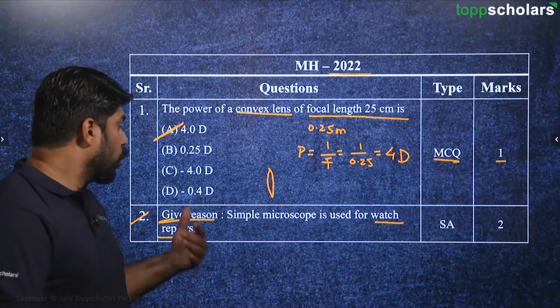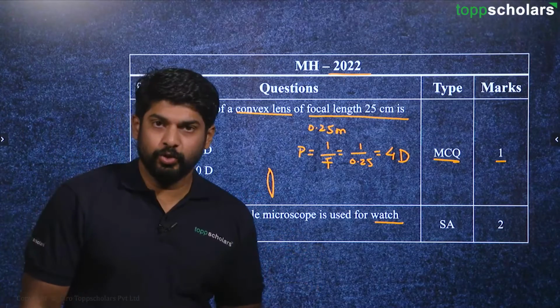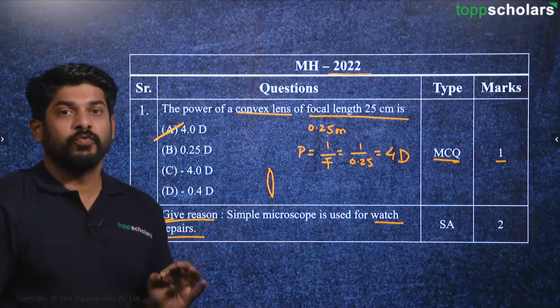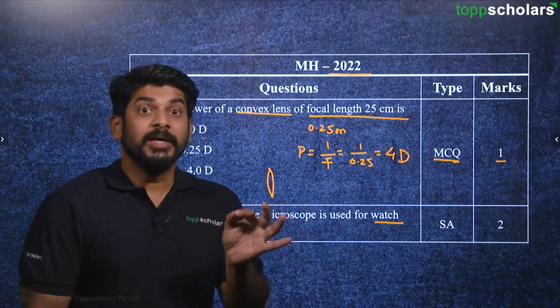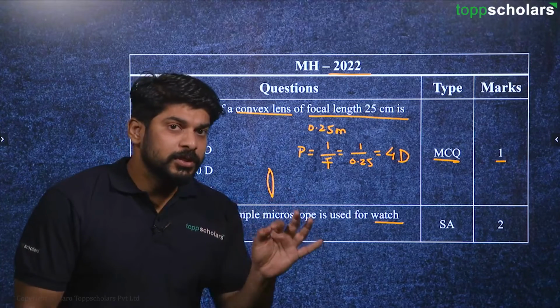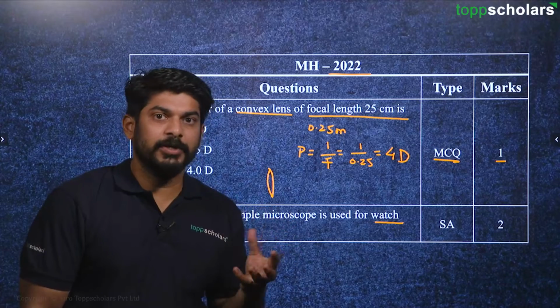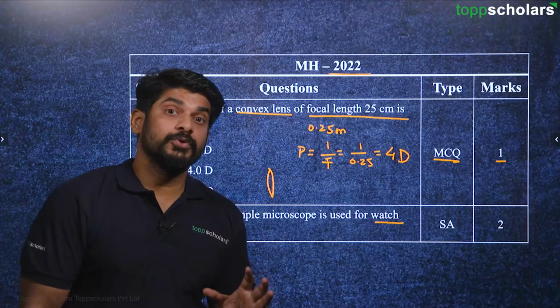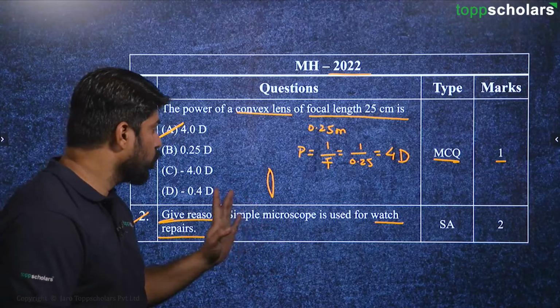Now, why is it used? Because this single convex lens has the ability to produce an erect and magnified image of small objects. It can magnify that particular object and produce an erect image. That is the main benefit of using this convex lens.